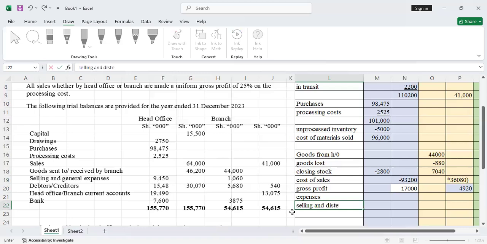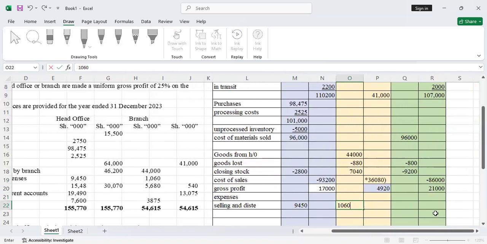You can see the head office said 9450 and the branch 1060. The combined business is the summation.